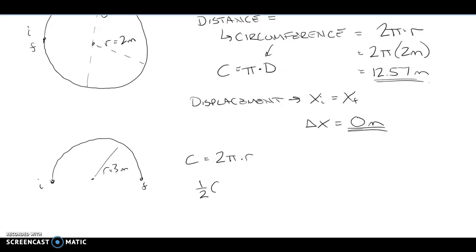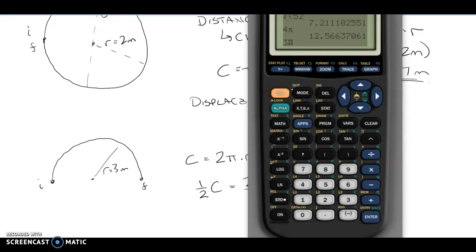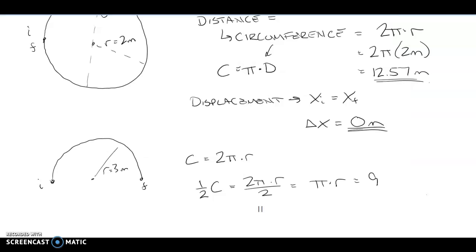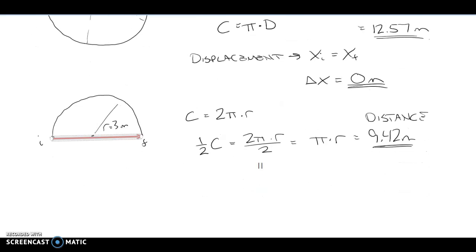So half of the circumference would be 2 pi R over 2, and so I can just take pi times the radius, 3 times pi, and I would get 9.42 meters as my distance. And my displacement would be the straight line path from initial to final. Delta x would just be 2 times the radius. It would be my diameter.